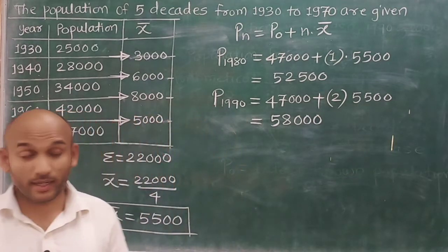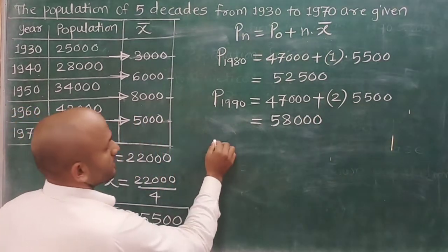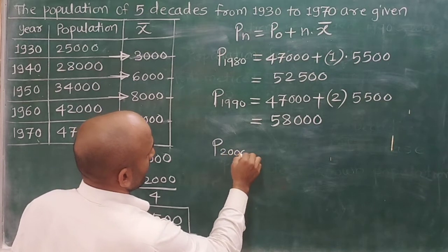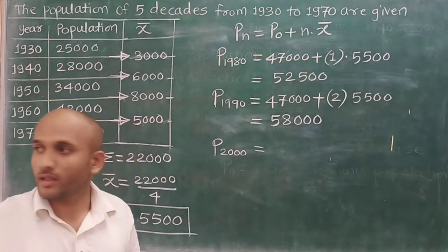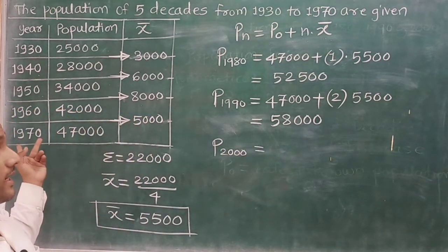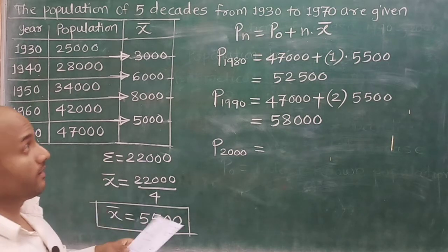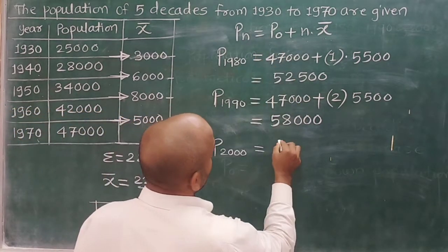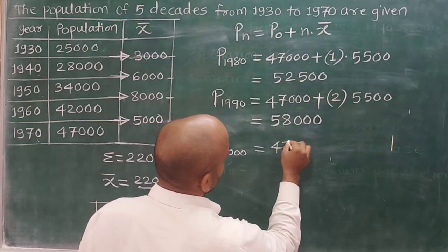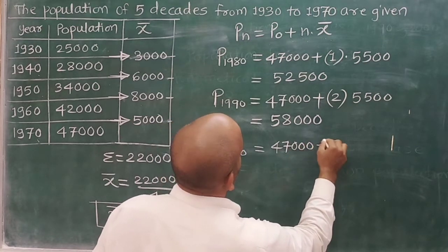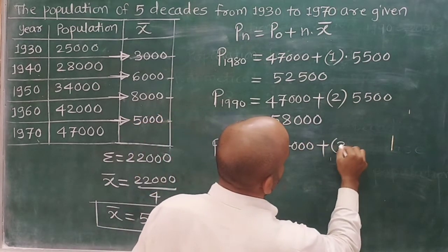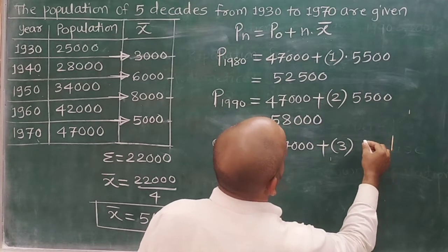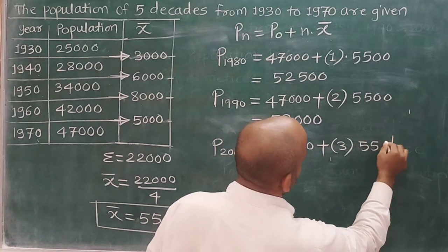58,000. Okay. Then find out the population in the year 2000. That is after 3 decades from 1970. Again the same formula, P naught, that is 47,000, plus n, the number of decades, 3, into x bar, which is 5,500.